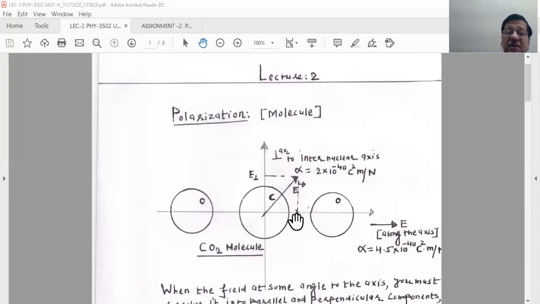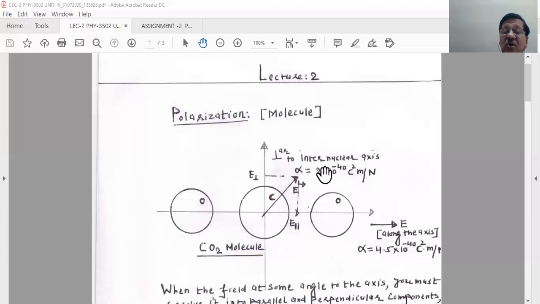Now, suppose you apply your electric field perpendicular to the internuclear axis, that is, along the y direction, and you study the polarization of this molecule and compute the polarizability. You will find alpha is of the order of 2 multiplied by 10 to the power of minus 40 coulomb square meter per Newton.